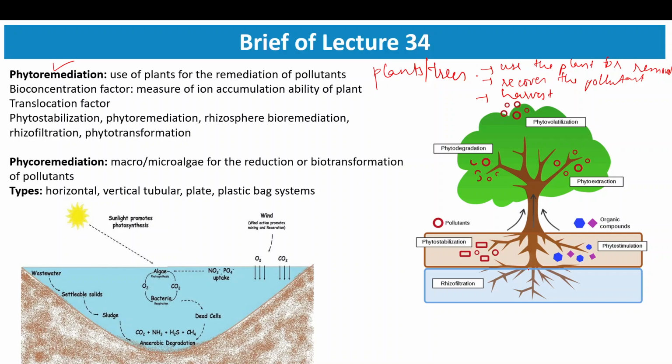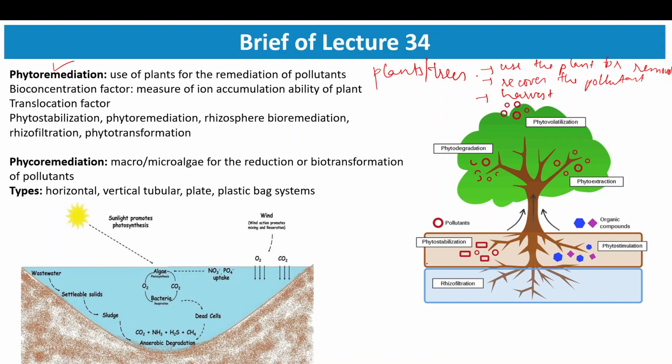So here there can be different phenomena occurring. First, phytostabilization. Pollutants, due to diffusion or concentration gradient or bulk motion of water, tend to move from one place to another, which spreads pollution from its origin to a place which was not earlier polluted.